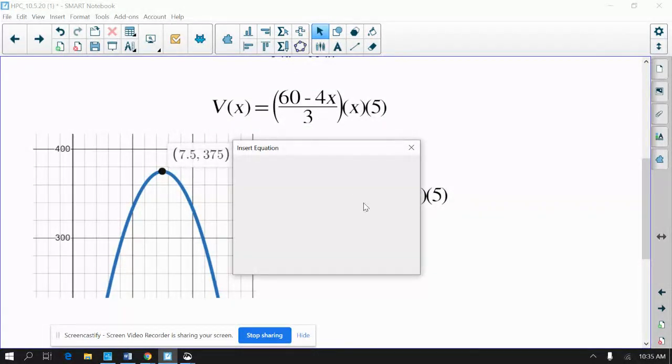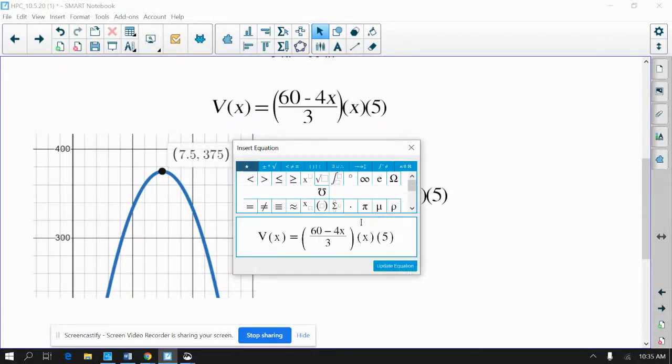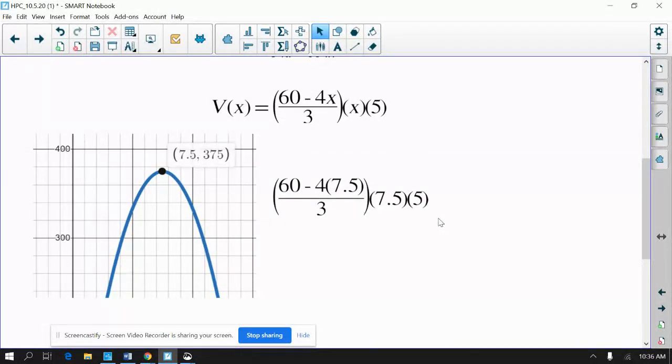So my dimensions are, let's see, I had to plug in 7.5 for x. This is calculator time. 4 times 7.5 is 30. 60 minus 30 is 30. 30 divided by 3 is 10.